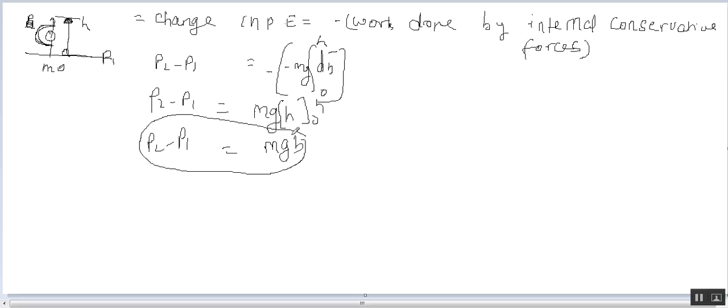You know guys, to make the analysis simple, people take P1 or P2 as 0 in any case. Whether you are solving for a spring or for questions related to gravitational potential energy, most of the time people choose either P1 or P2 as 0, whatever they want, and then they try to solve the question.